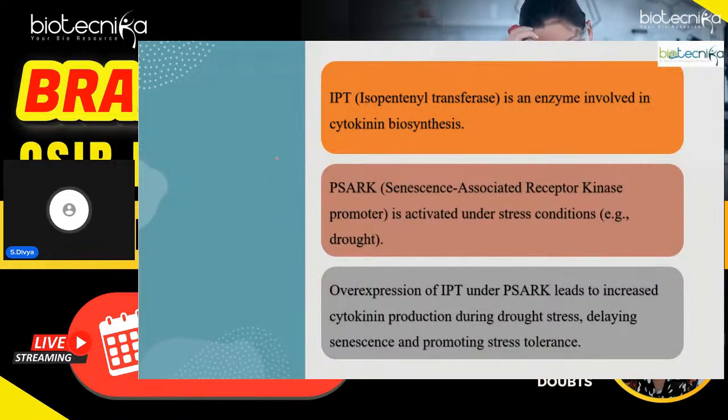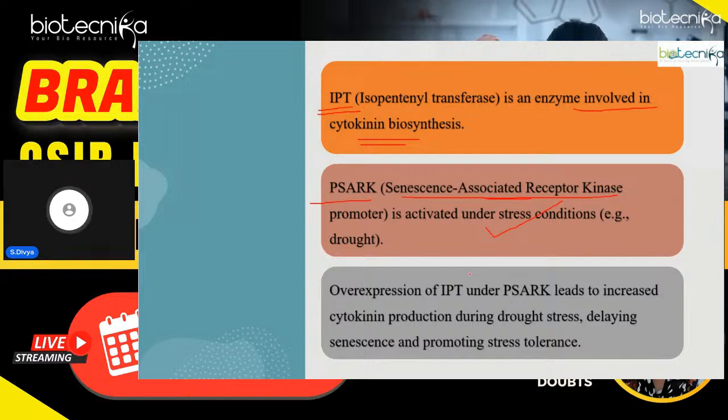The points to be remembered: IPT, that is your isopentenyl transferase enzyme, is involved in cytokinin biosynthesis. Next, you have PSARK, that is the promoter region of senescence associated receptor kinase, which is activated under stress conditions like drought, flood, and so on.